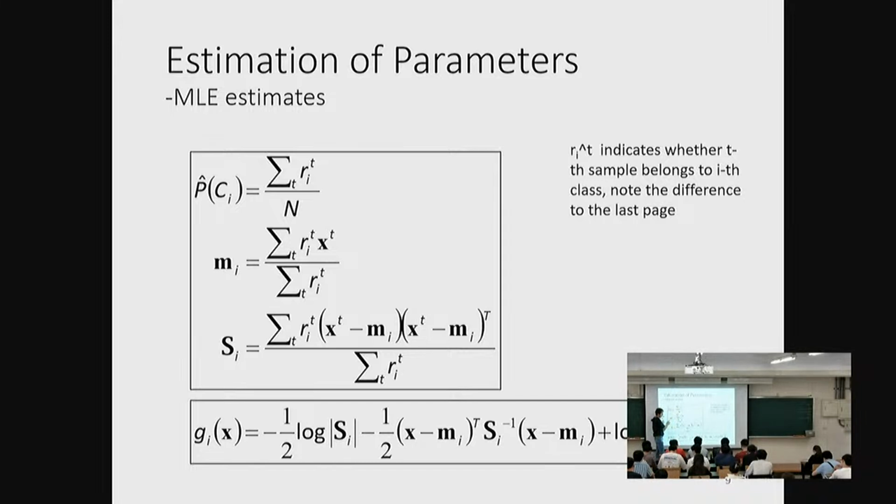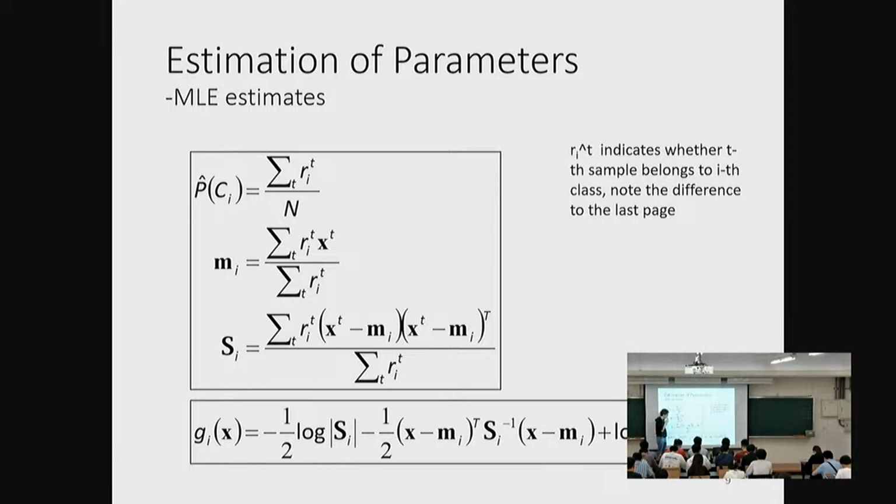For the mean vector of the i-th class, take the t-th vector multiplied by the 1-or-0 indicator of whether it belongs to the i-th class, sum it up, and divide by the number of samples in the i-th class. For the i-th class covariance matrix, you multiply by r_i^t and divide by the number of samples from the i-th class.